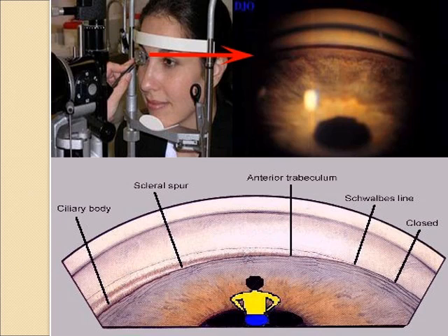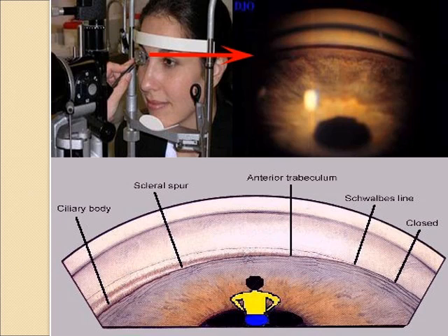He is using the slit lamp in addition to special lens for examining the angle, as if he is sitting inside the eye to see the different structures at the angle.